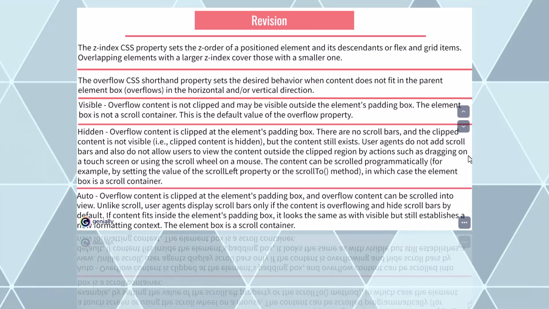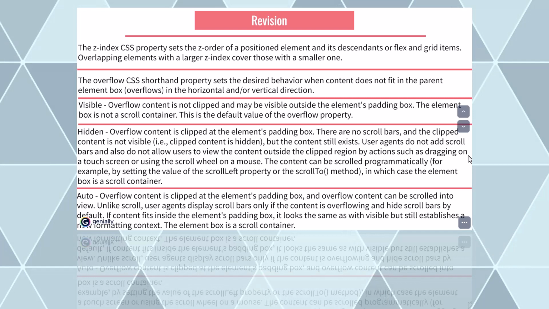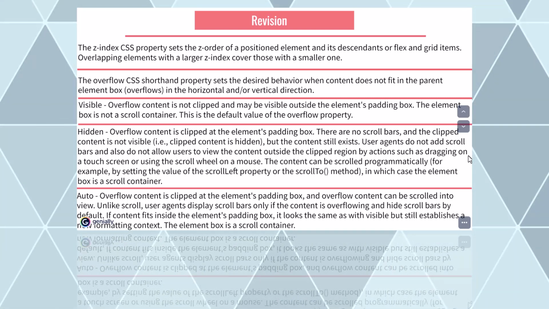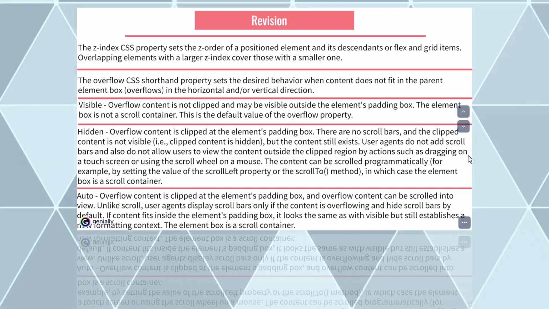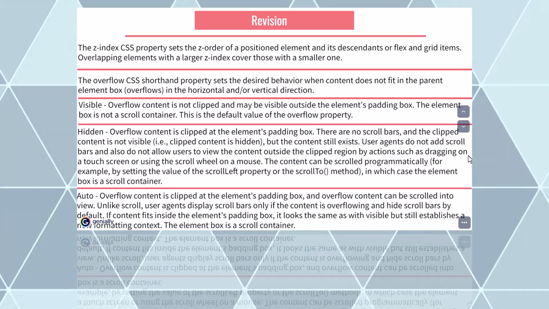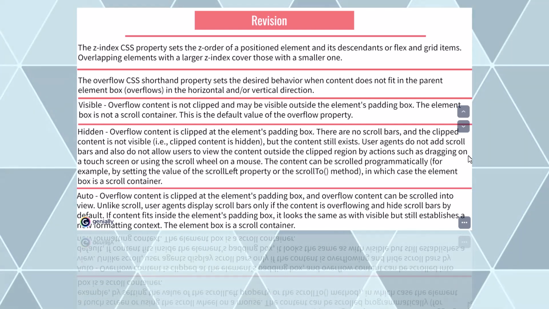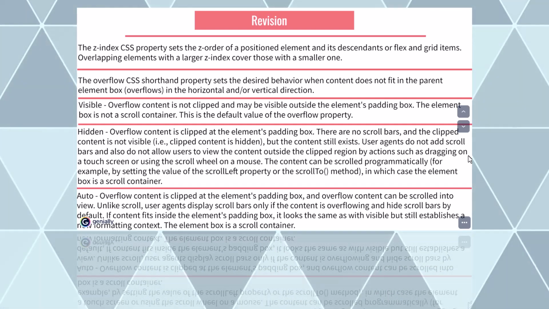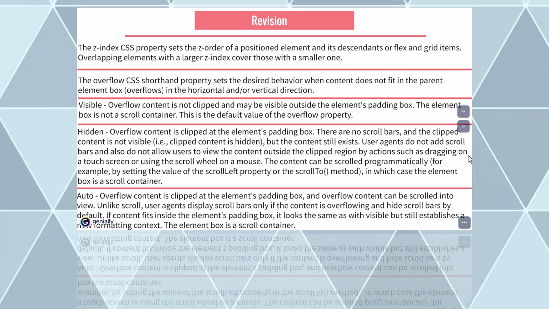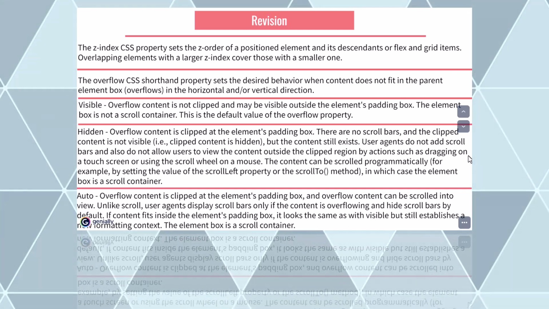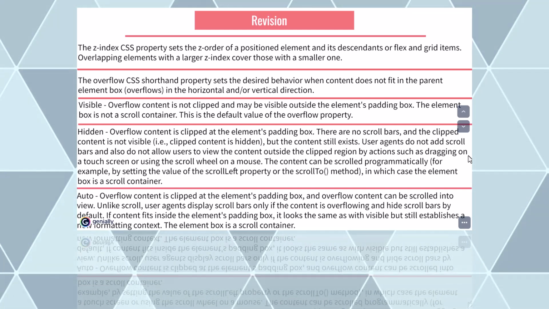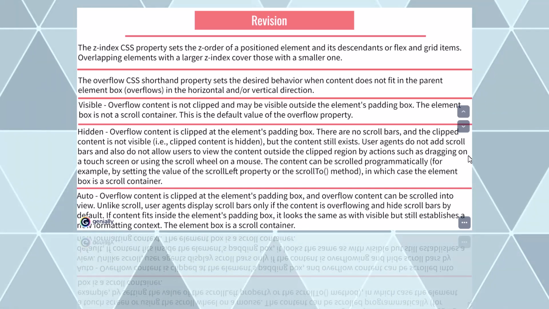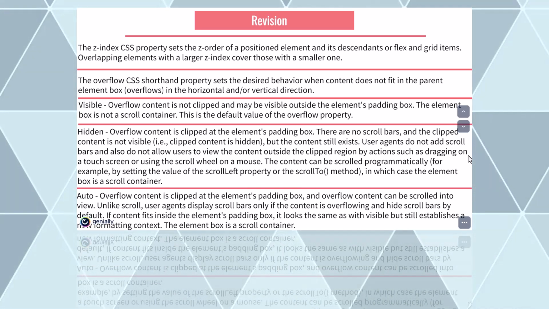Remember, the property is overflow and the hidden is the value. So you can't see whatever content that has overflowed, and you can't scroll. It's hidden, the content that's overflowing the container. Okay, Sister? Auto overflow content is similar to scroll, where you can scroll the information that is in there. So you can still see everything that is in there with a scroll option, like a scrolling thing.